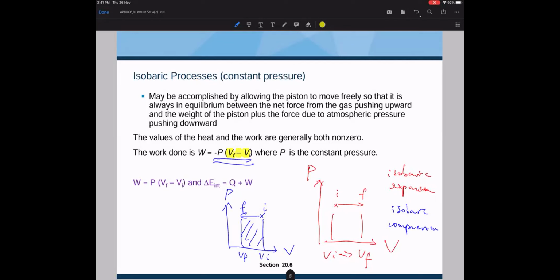This would require work by the gas. Notice the word that I use. There's work by the gas or work by system. I highlight the word by. And there is a work on system.